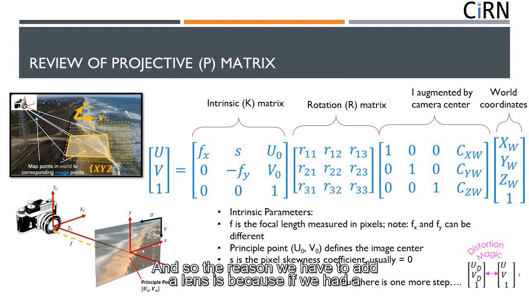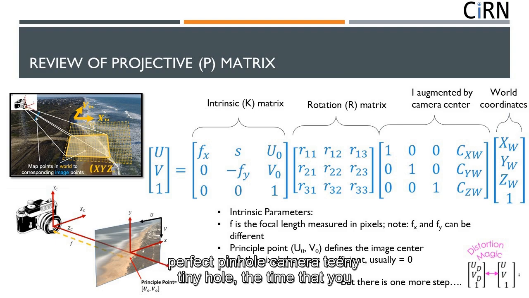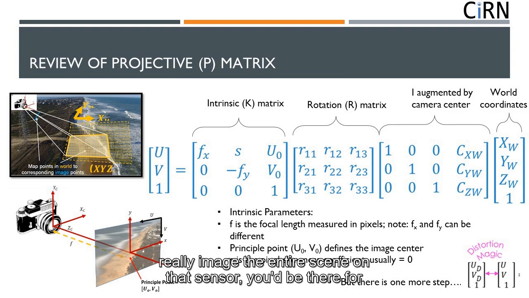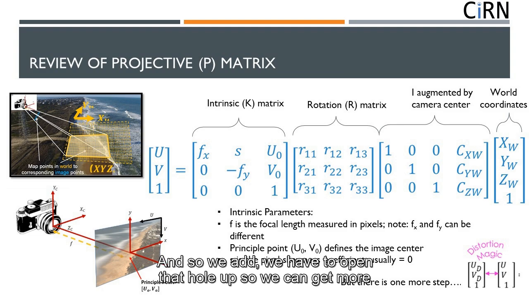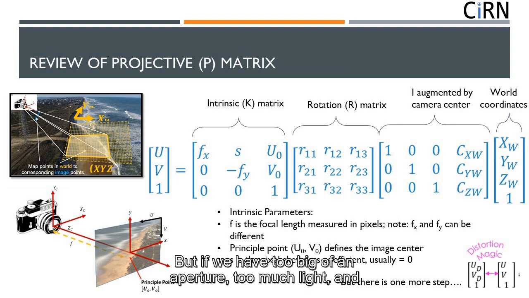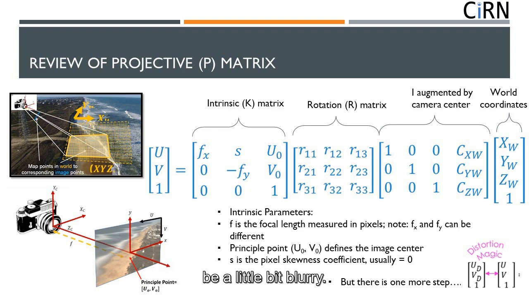And so the reason we have to add the lens is because if we had a perfect pinhole camera, a teeny tiny hole, the time that you would have to have an exposure to let enough light through to really image the entire scene on that sensor, you'd be there for a long time. And so we have to open that hole up so we can get more light in. But if we have too big of an aperture, too much light in, the light rays are coming from different directions and they aren't able to all be focused on the sensor. So the image would be a little bit blurry.